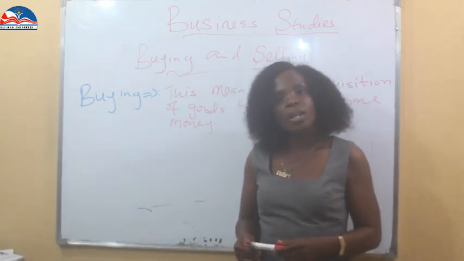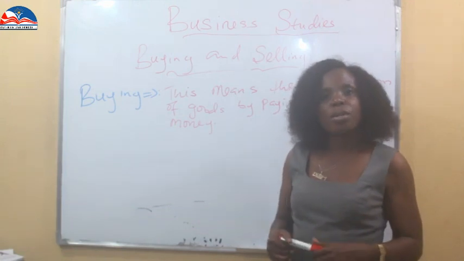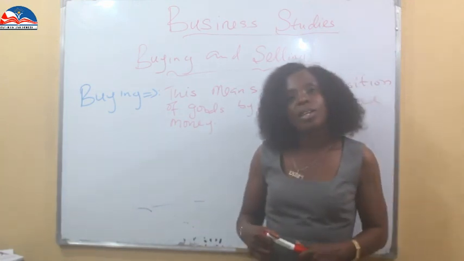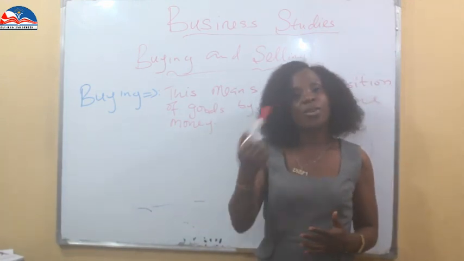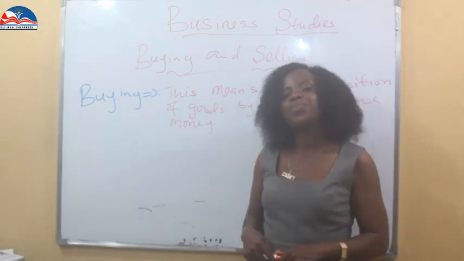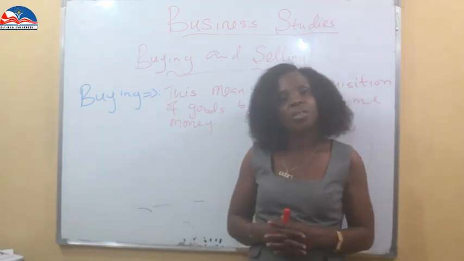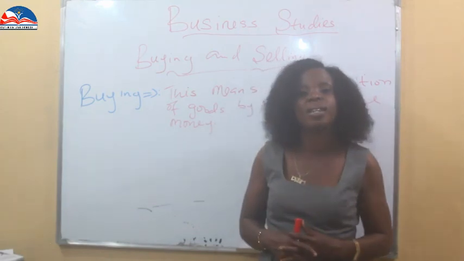The process of acquiring goods by paying, and then the seller giving you goods by receiving money. That's just a simple definition or simple explanation of buying and selling.